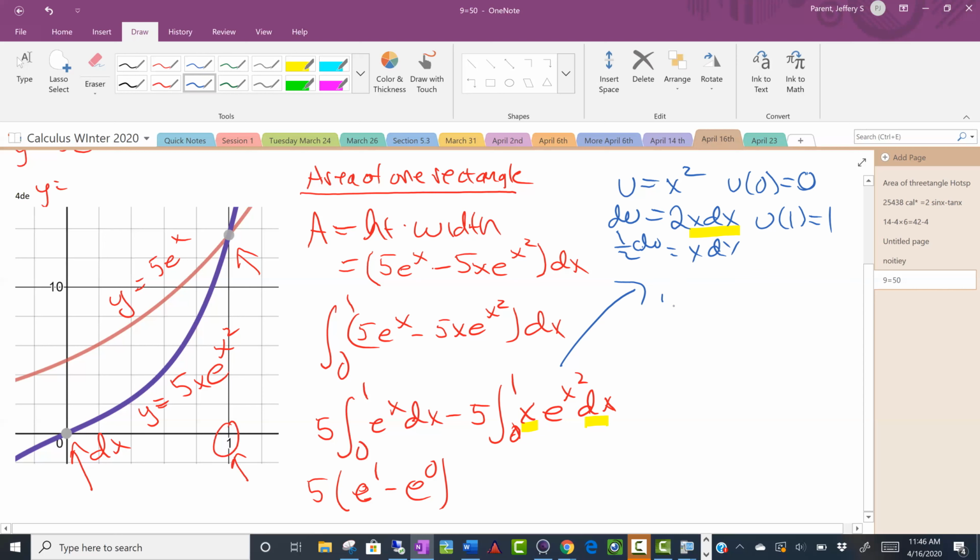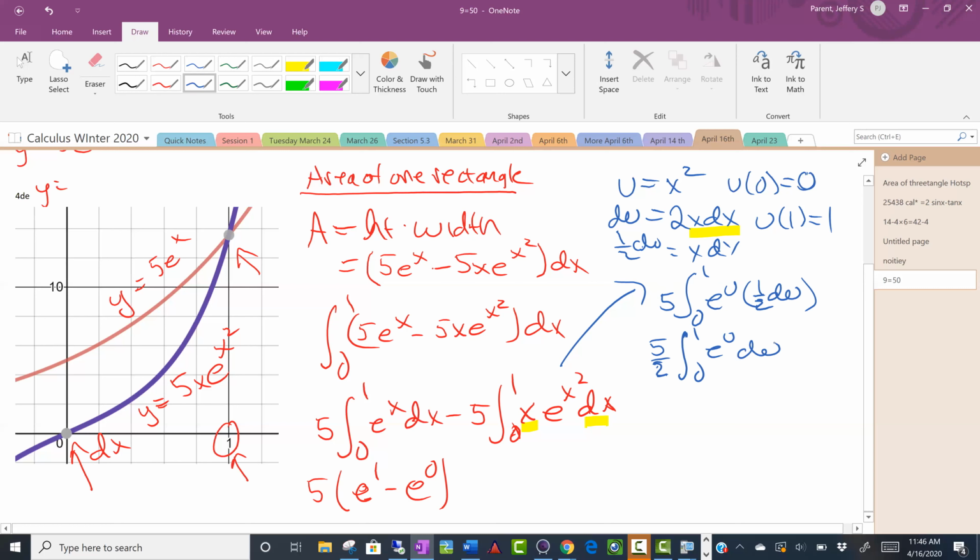There we go. So it's going to be 5 times the integral of e to the u, it's going to be 5/2. Oh, never mind. du, sorry, 0 to 1. And you're right, I can take that half out in front, 5/2, 0 to 1 of e to the u du.